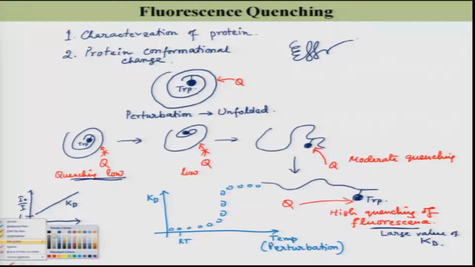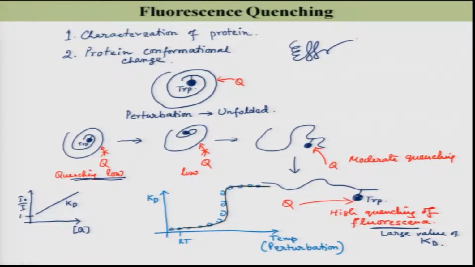The feature is almost similar here, then suddenly increases and then remains the same. By looking at such a feature, you can comment that the unfolding of this protein when you raise the temperature is a two-step process.